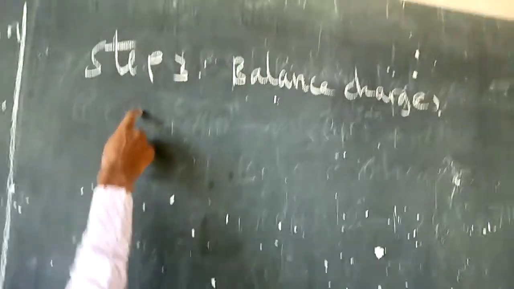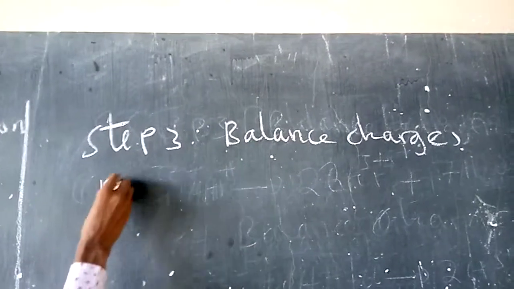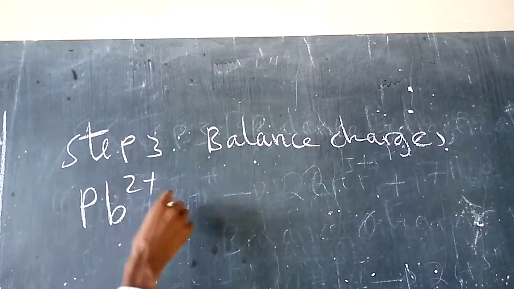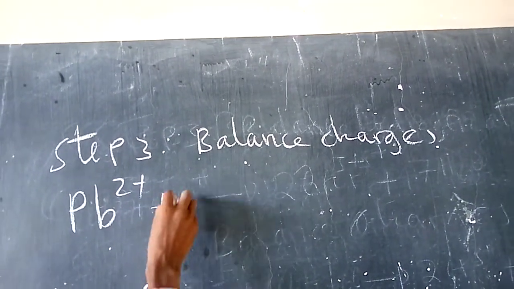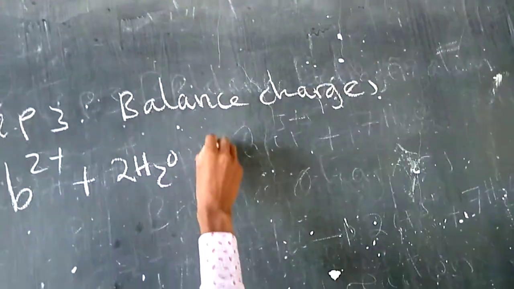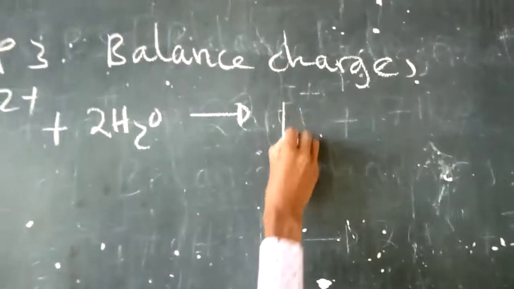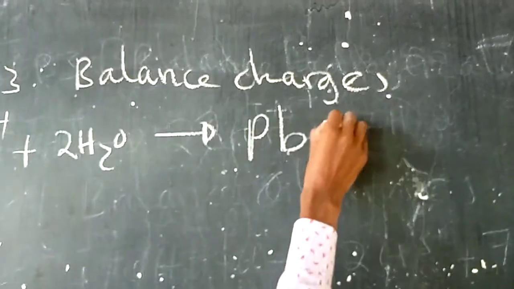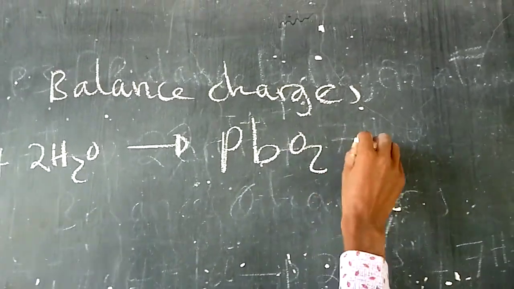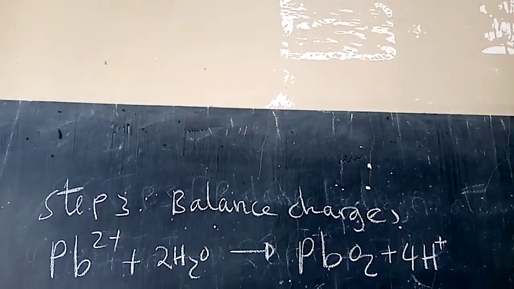So step 3, we have to copy this equation 2 here. It will be lead 2 ions plus 2 water molecules to form lead oxygen 2 plus 4 hydrogen protons.